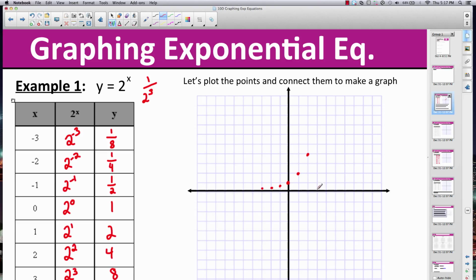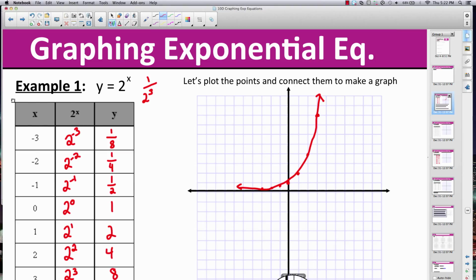And then at 3, it grows even further to 8. Okay. So we have a kind of a rough idea of how it looks. And let's connect. And we'll put arrows at the end. Okay.